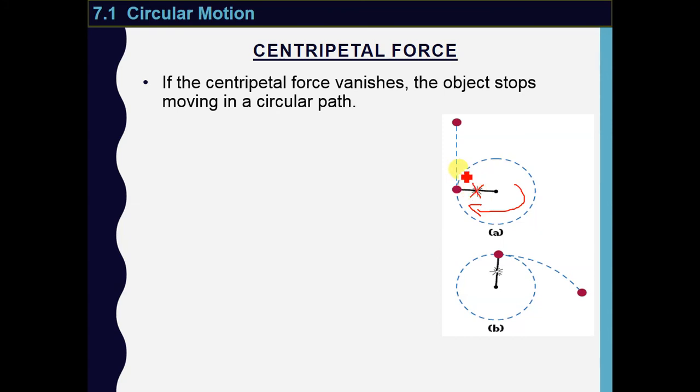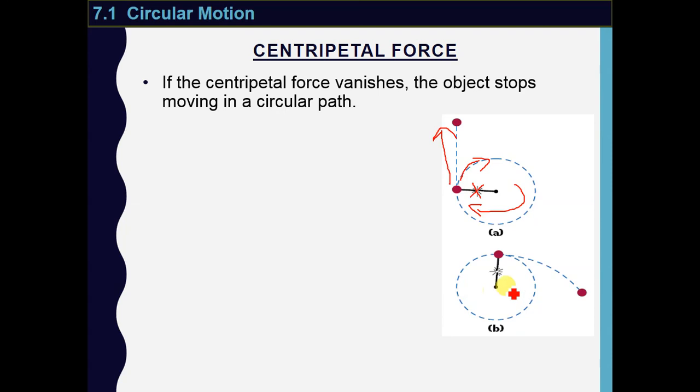The centripetal force here is not now present. So will the ball continue in a circular path? No, because the centripetal force is no longer present. So it will go how? In a straight path upward. Okay, did you get it?